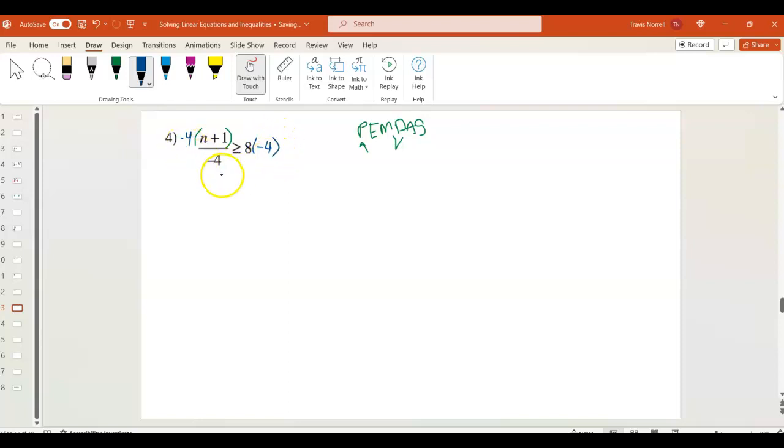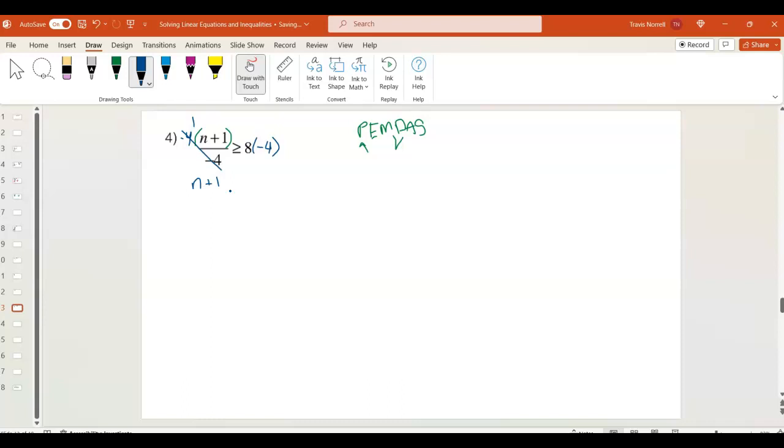So a negative divided by a negative is a positive, and 4 will go into 4 one whole time. 1 times n plus 1 would just be n plus 1. Now, remember what I said.